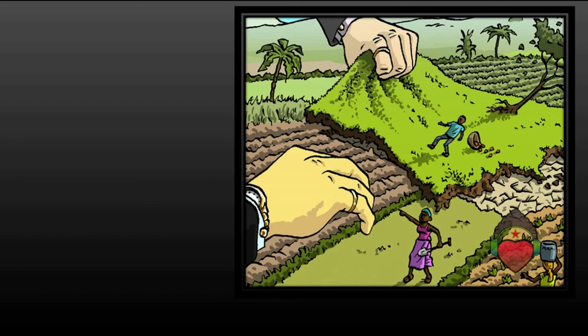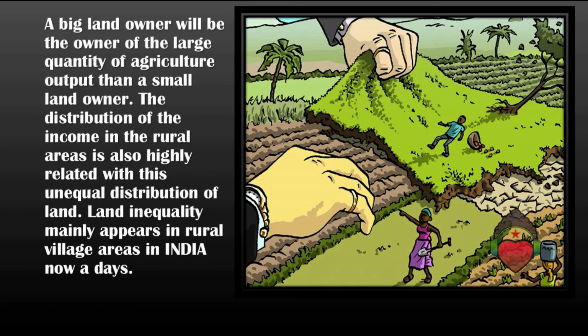As we see in the picture, how can a rich man forcefully buy land from poor people with his money power? Therefore, a big landowner will be the owner of a larger quantity of agricultural output than a small landowner.